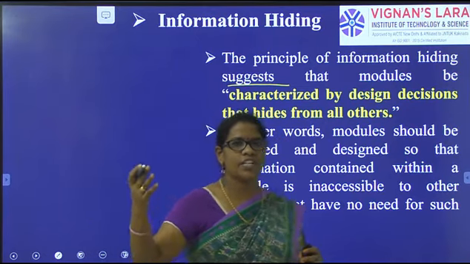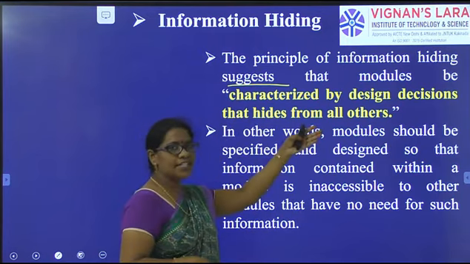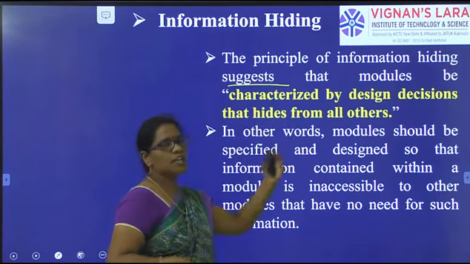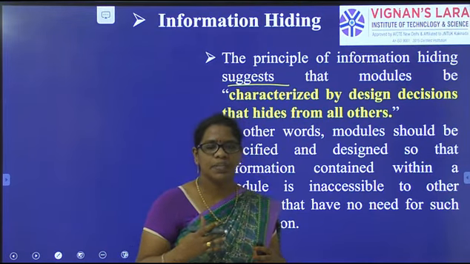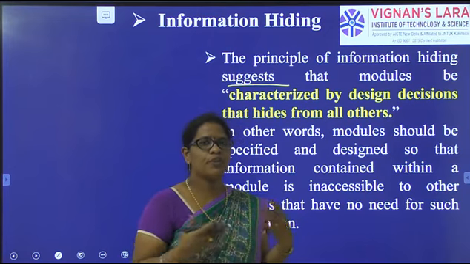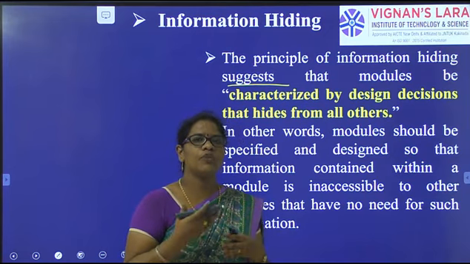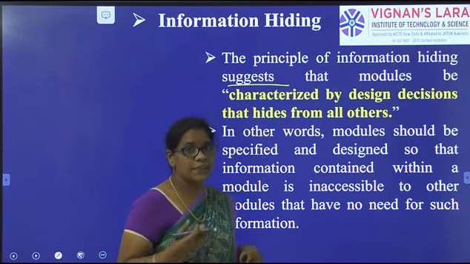What we said in abstraction, the same thing is here. Whatever you want to show, only some output. You don't want to show how you functionalized, how you wrote the program. So that is information hiding, that is the abstraction.